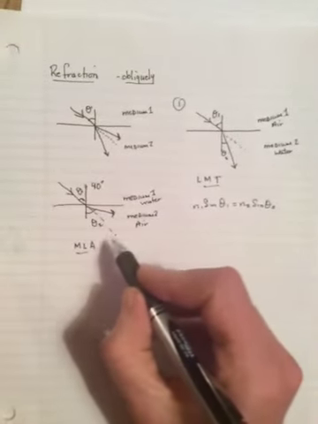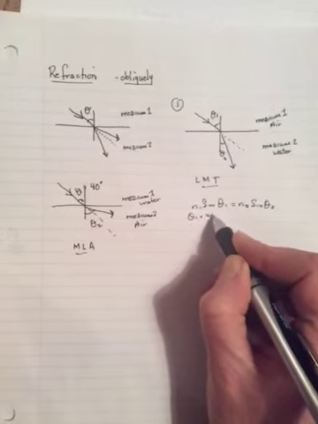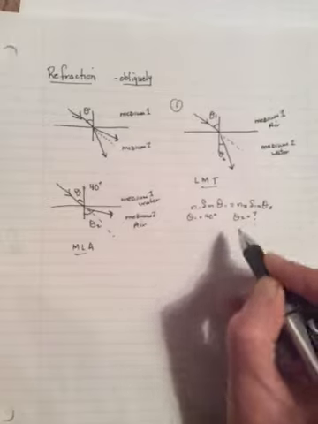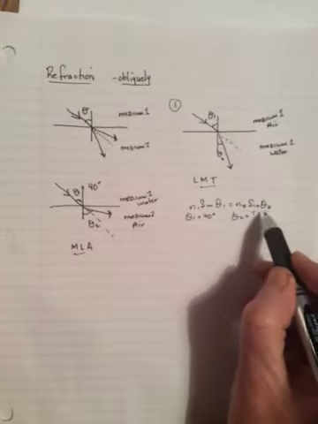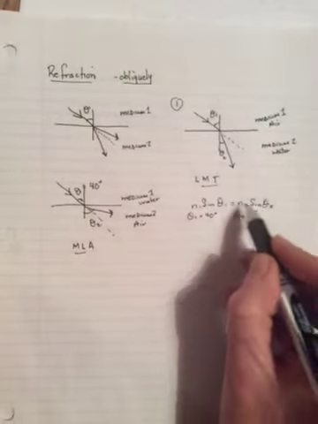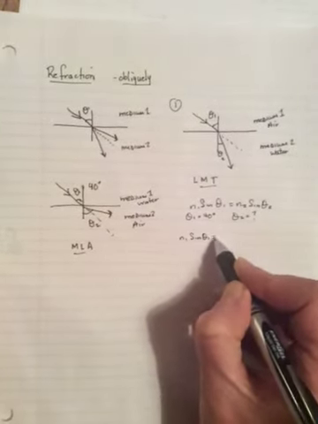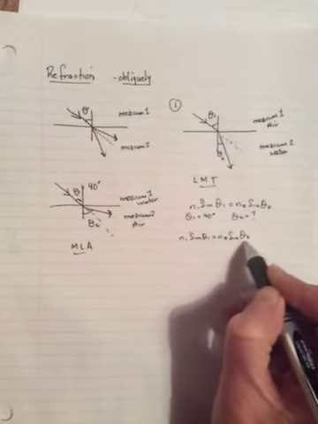So if theta 1 is 40 degrees, what must theta 2 be? What must the angle of refraction be if it's going from water to air? So you want to solve for theta 2. So rearrange Snell's law, n1 sine theta 1 equals n2 sine theta 2. Rearrange it so you can solve for theta 2.